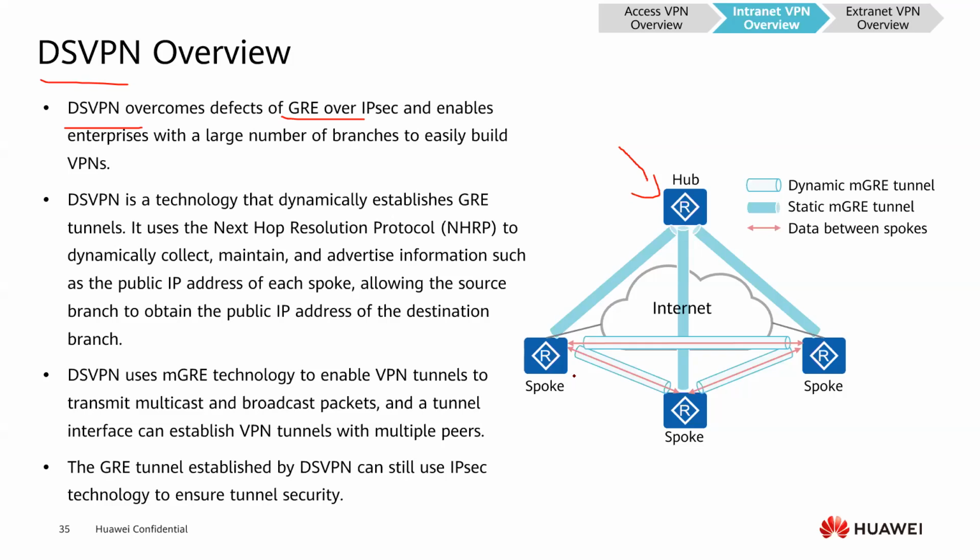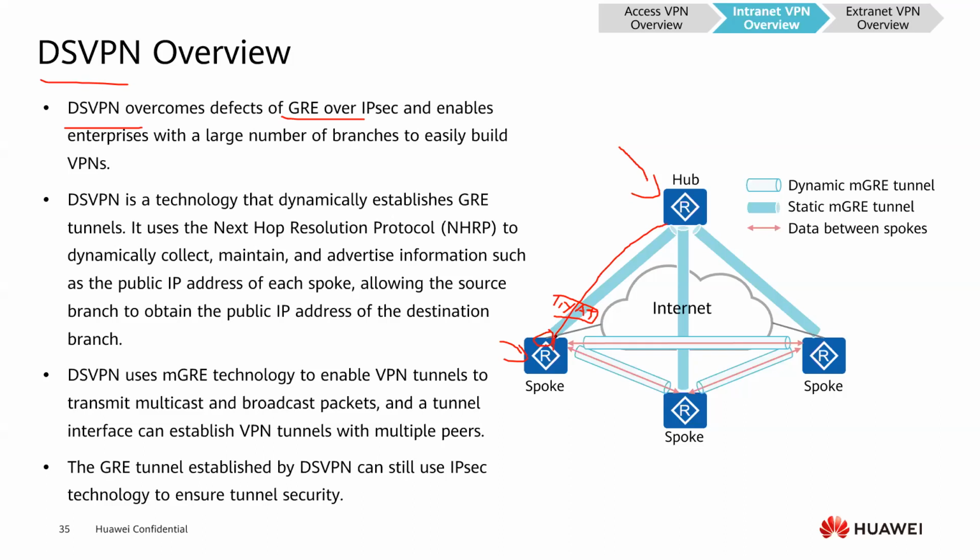Also, DSVPN has another advantage. Sometimes the branch export devices are actually behind a NAT device. Under this circumstance, maybe you cannot create a GRE connection.